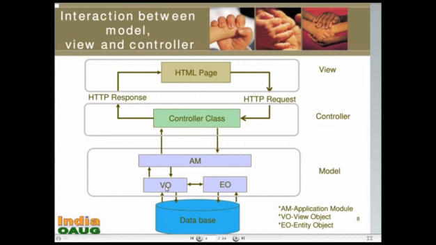View object is indirectly a select statement, and entity object is used to apply the DML operations: insert, update, delete. Whenever you are developing data entry pages, you have to go for entity object. When you are developing search pages, you have to go for view object.